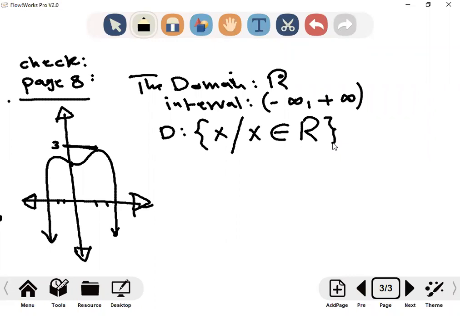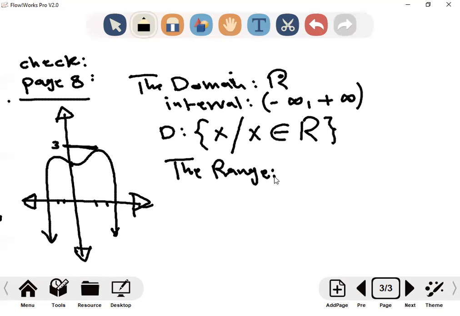This is the domain. How about the range? Look at the range. We said the range, all the range is y, all real numbers, but should be 3 or less. Not negative infinity to positive infinity, right?